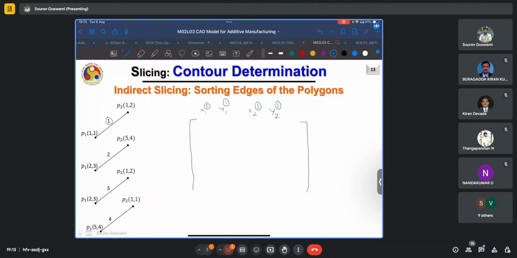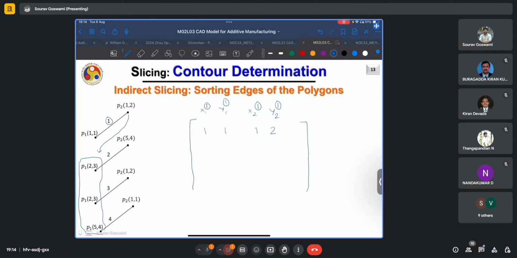The first edge is taken as is, so you have 1 1 and the second point 1 2. Now we try to match the second point with the first point of the remaining edges. So we look at these. Does 1 2 match with 2 3? No. 2 3 again and 5 4? No. So it is not matching with the first point of any of the edges.